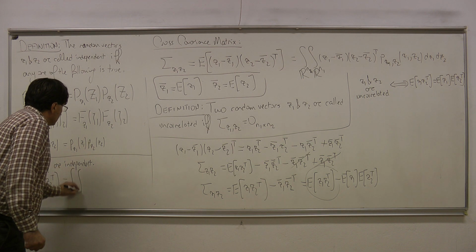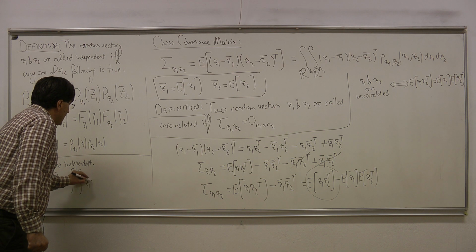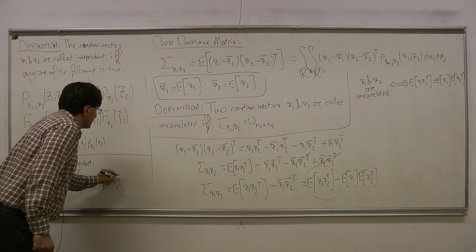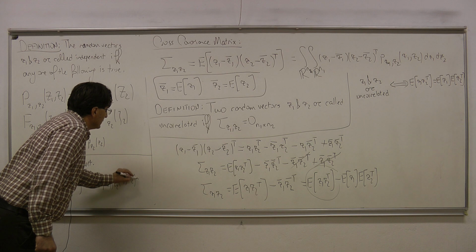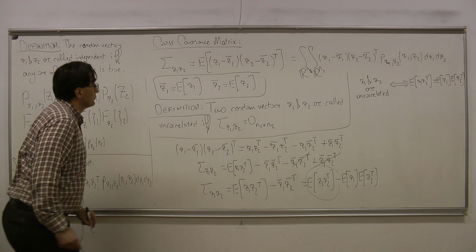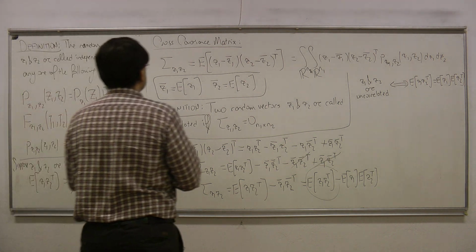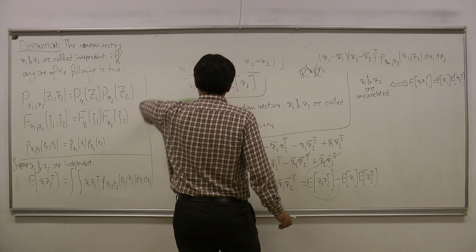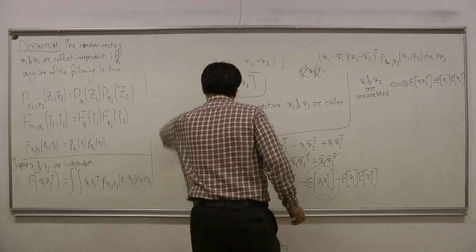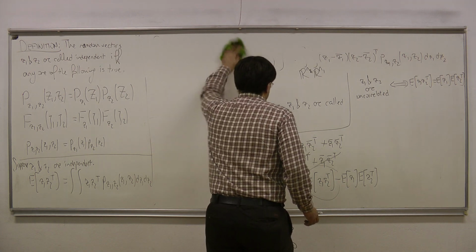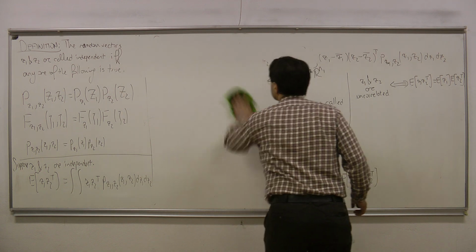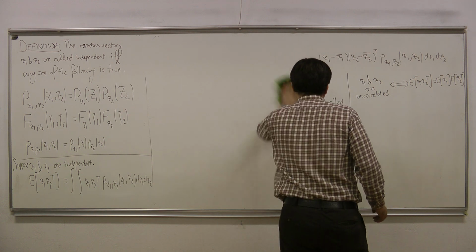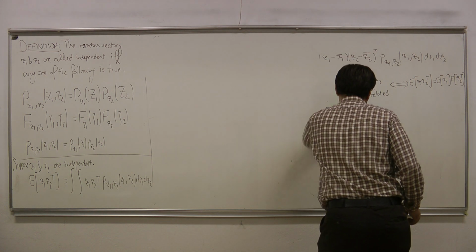So I have double integrals of Z1 Z2 transpose, and I need to integrate it by multiplying with the joint density, dZ1 dZ2. That is the definition of the expectation of Z1 Z2 transpose.